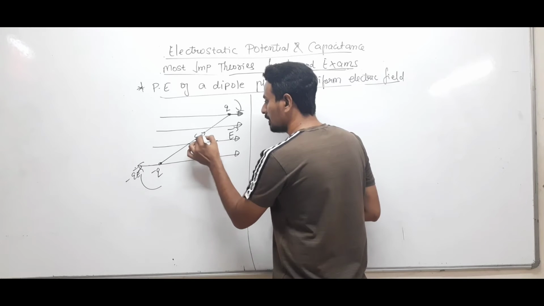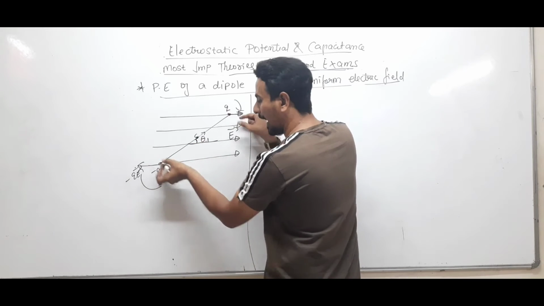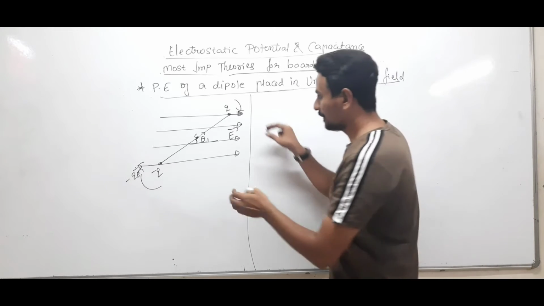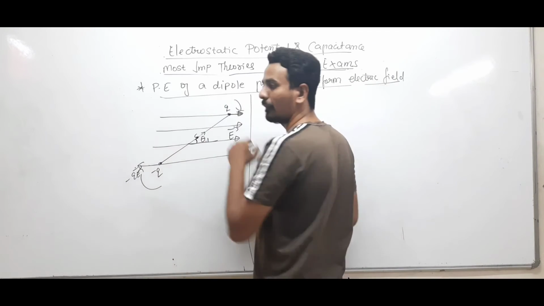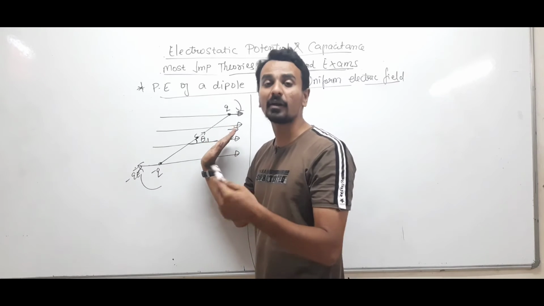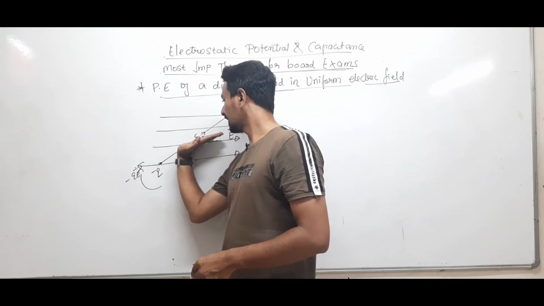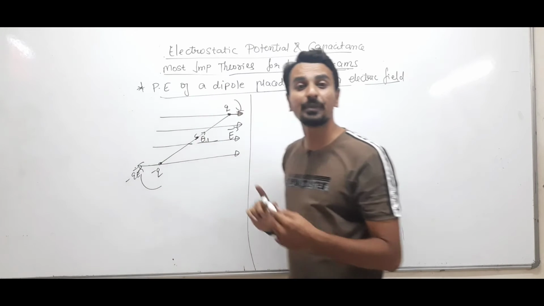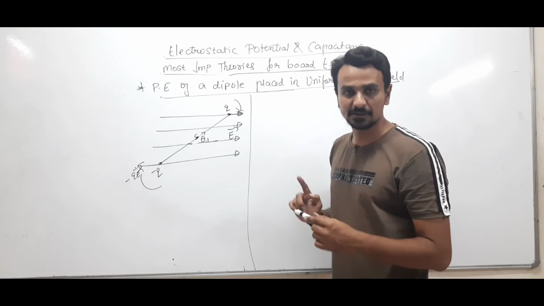This torque will rotate the dipole and will keep it parallel to the electric field, right? If this is the torque which is acting in clockwise, and I want to rotate this dipole from theta 1 to theta 2 in an anti-clockwise direction, so some work has to be done, right?